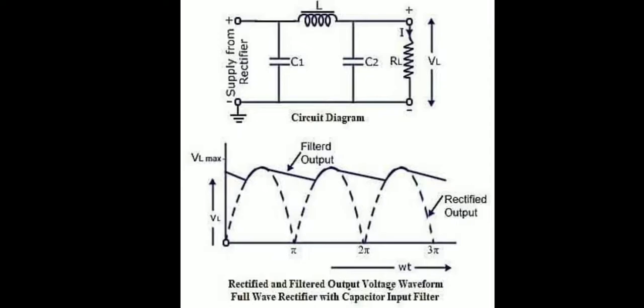When the output passes through the inductor, it offers high resistance to the AC component and no resistance to the DC component. Therefore, the AC component of the rectifier output is blocked, and only the DC component reaches the load.